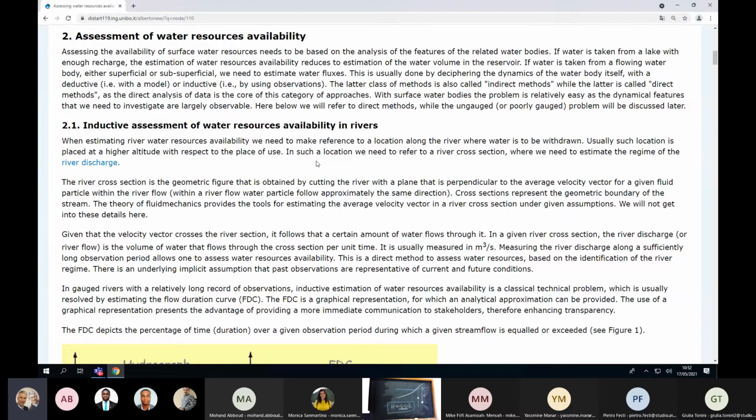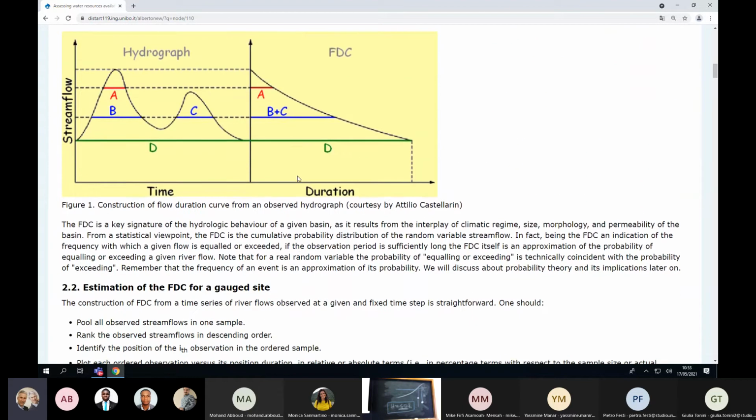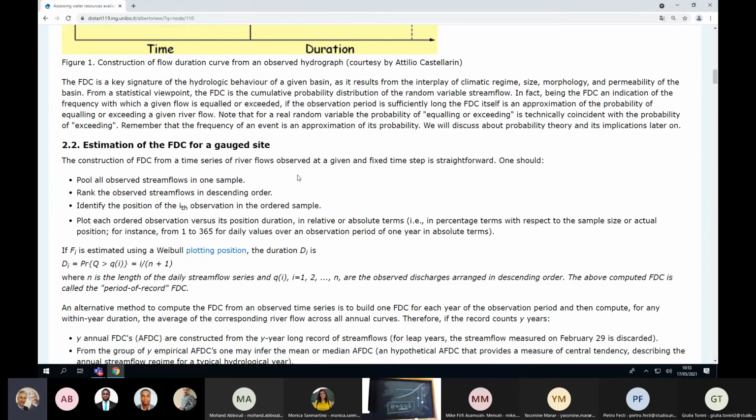And remember also the flow duration curve. What is a flow duration curve? How would you define it? How to estimate a flow duration curve? This is something that is very frequently asked. There are two methods, as you remember. One that pools all the data together, the other one that estimates a flow duration curve for each year.